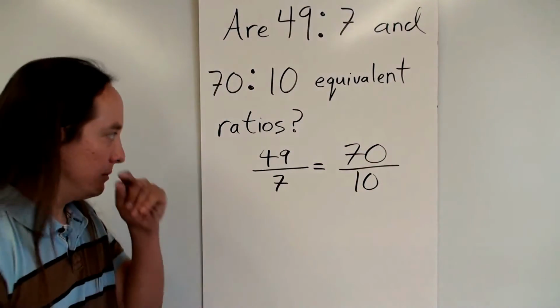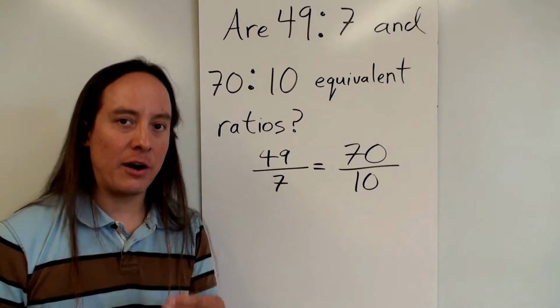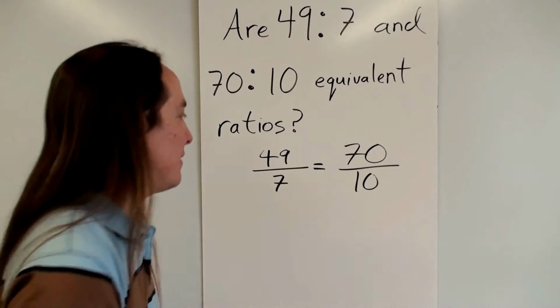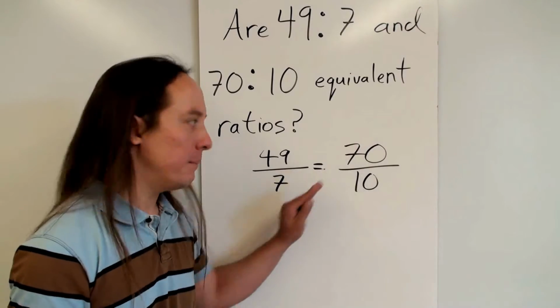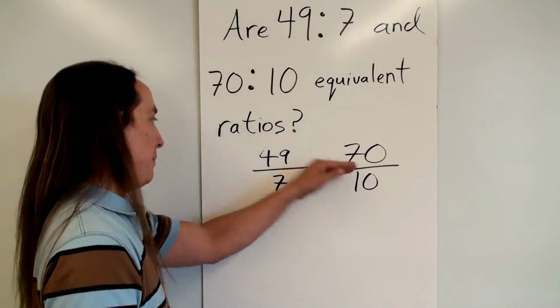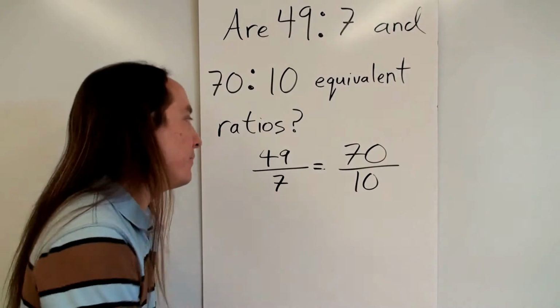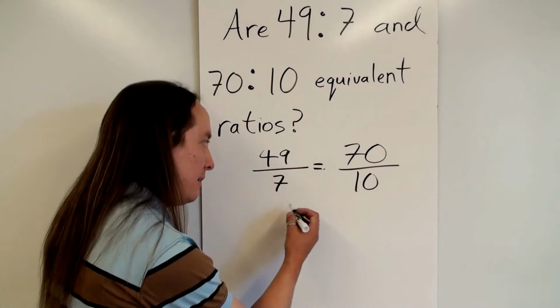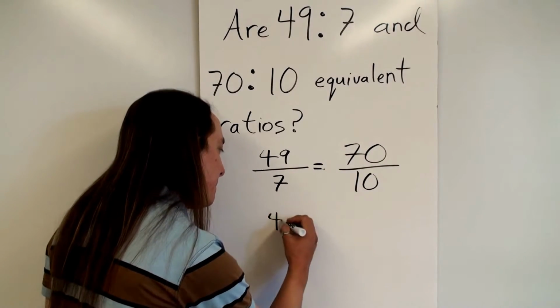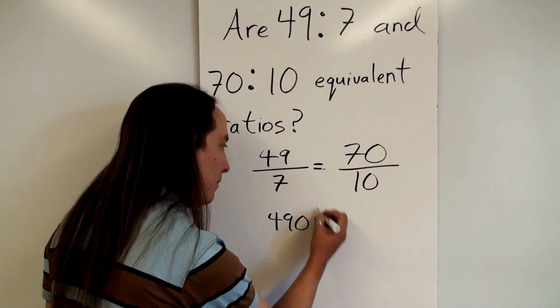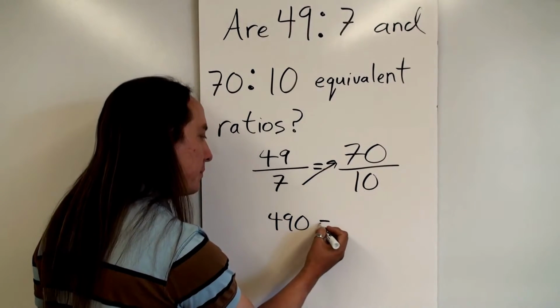Okay? Now, what does that cross product principle say? It says that if I multiply this way, the answer should be the same as if I was to multiply this way. So let's try it. 7 times 70 is 490. Okay, and that was multiplying this way.